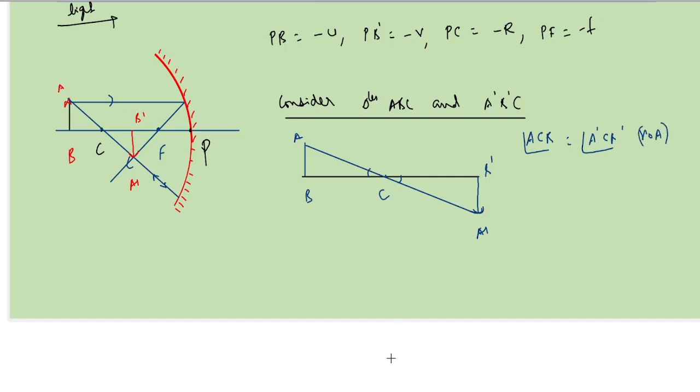As the first point. Second, the angle made here and the angle made here would be 90 degrees, because the object and image are always vertical. So angle BAC is equal to angle B dash A dash C, which is 90 degrees.